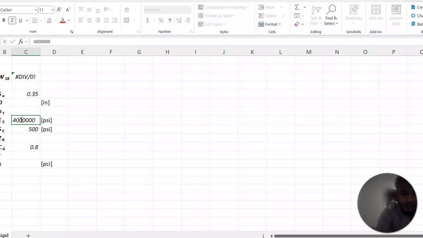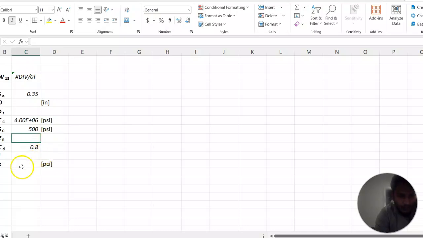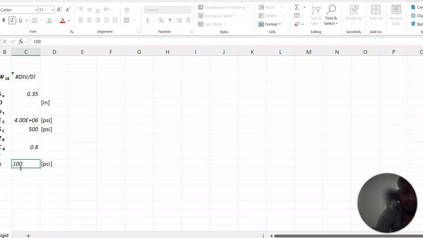If you go for the Ec, the elastic modulus, which is 4 lakh psi, it can be written as 40 lakh psi. The next step is K in pci, as the modulus of subgrade reaction is 100, so it is 100 pci. J is the load transfer coefficient, which we are taking as 2.7 due to dowels.